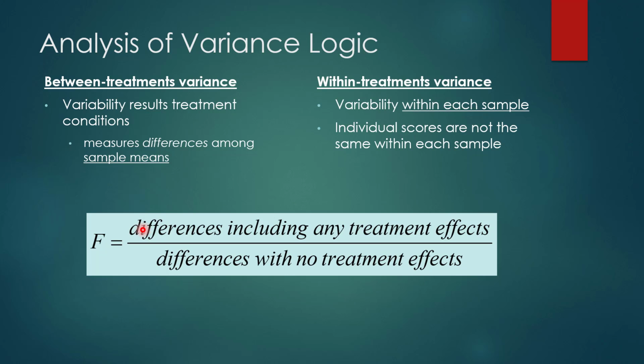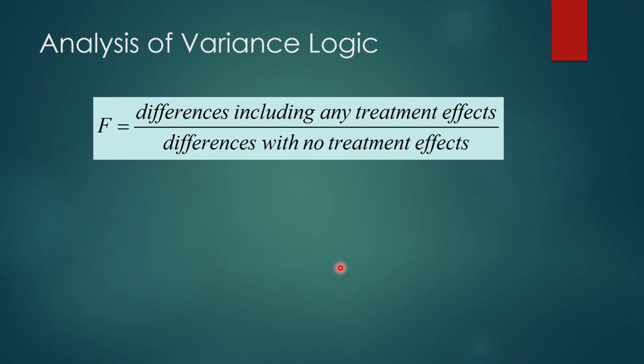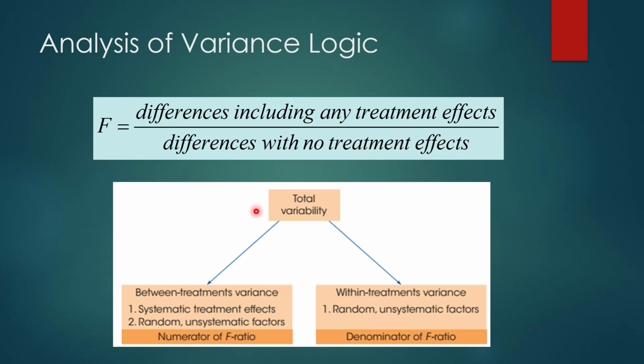Our F ratio then is the differences including any treatment effects over differences with no treatment effects. Looking at this F ratio, total variability can be broken down into the between treatments variance, where we have systematic treatment effects caused by our manipulation, and random, unsystematic variance that just happens due to chance or error.